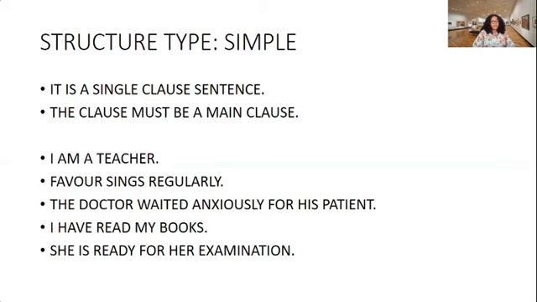Sings is the only verb in the second sentence. Waited is the only verb in the third sentence. Have read is the only set of verb in the fourth sentence. And is ready is the only set of verb we have in the last sentence. So the simple sentence is a sentence made up of just one clause. How do you know it's just one clause? It has just one set of verb in it.